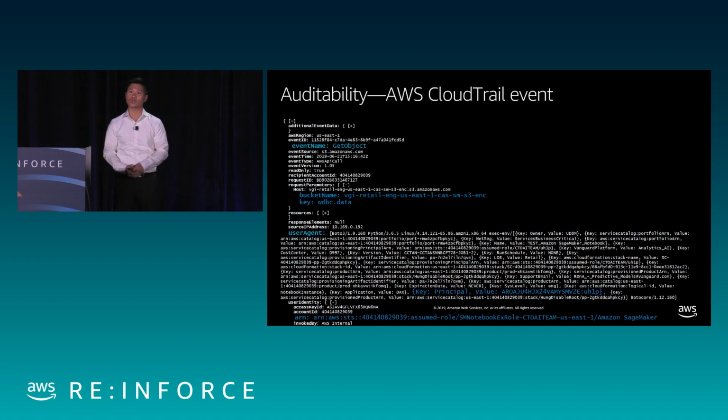Here's an example in the CloudTrail event. We have the event name, which is GetObject. We have a bucket name. We track the S3 object key. We also have the SageMaker notebook execution role in the CloudTrail event. That's a very typical CloudTrail event. But the important thing on that screen is we have a user agent.